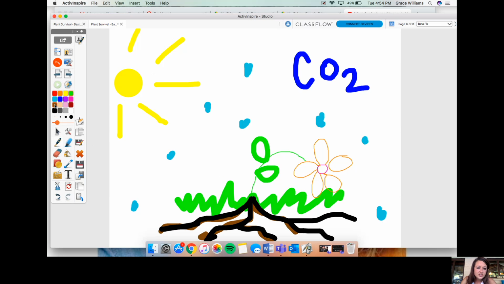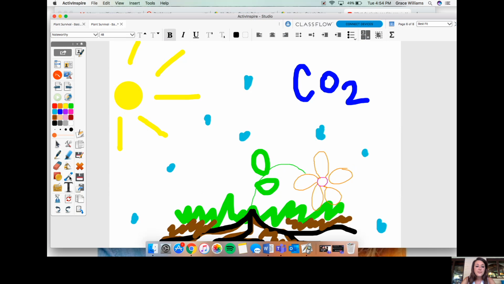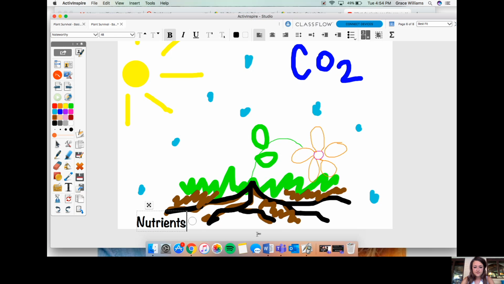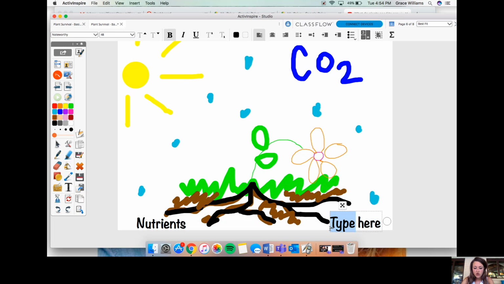And then some people said we needed dirt, which is a tough one because we've read some stuff that said we didn't need dirt and some stuff that said we did. But the thing is, we do need dirt. But the thing we need in dirt is not necessarily the dirt, but it's the nutrients that are found in dirt. So we wrote down nutrients, and nutrients are often found in the soil.